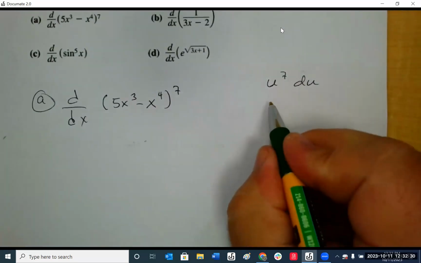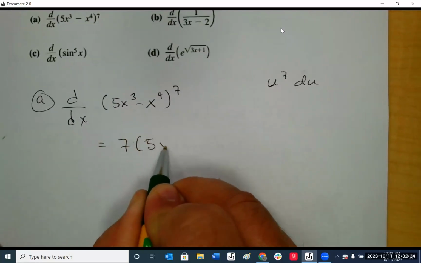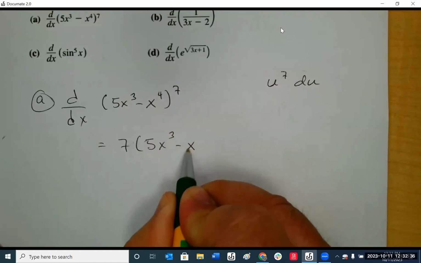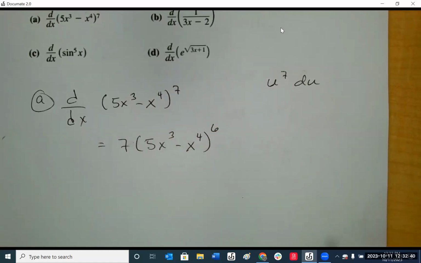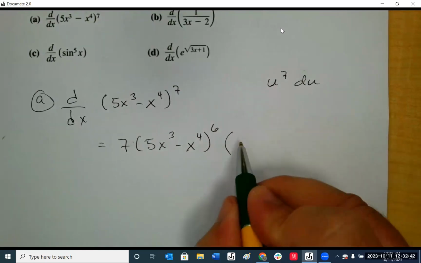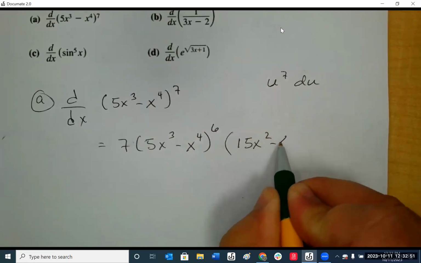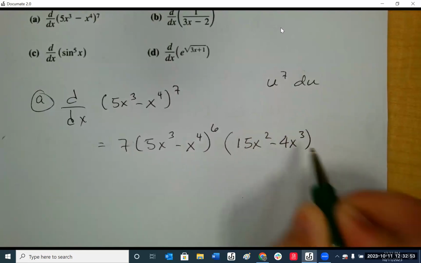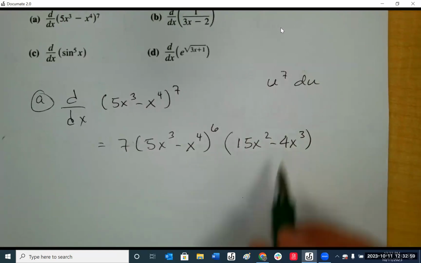So our derivative would be 7 times (5x cubed minus x to the 4th) to the 6th, times 15x squared minus 4x cubed.